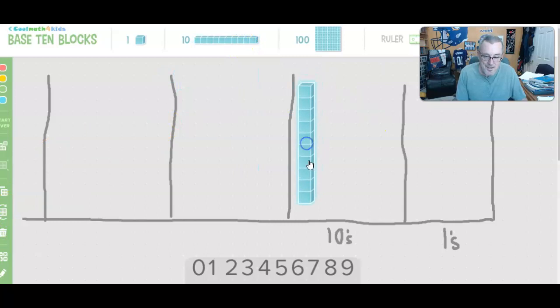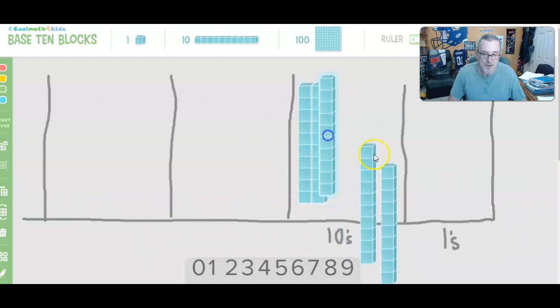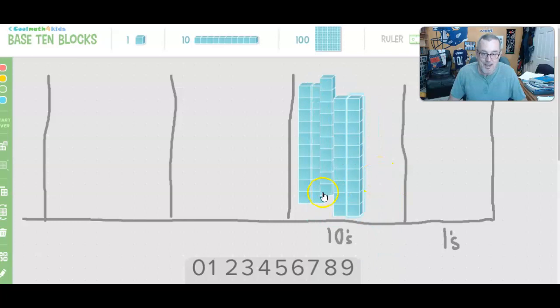Now, in this column, I could have one group of 10, or two groups of 10, or 3, or 4, or 5. Let me get them all up there. And as long as I had 0 to 9 groups of these 10s, I could just put the appropriate symbol there. If I had one group of 10, I'd use the 1. Two groups of 10, I'd use the 2. 3, 4, 5, 6, 7, 8, or 9.